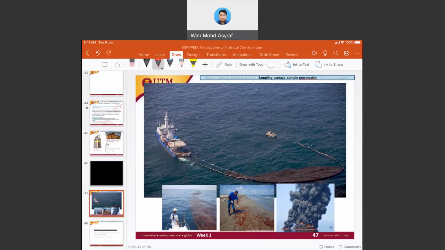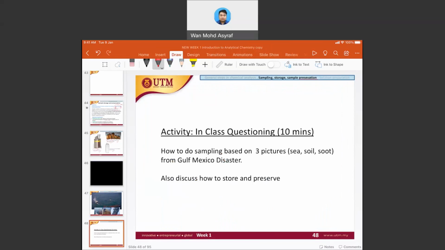The first picture, the second picture, and the third picture. How are you planning to sample these three situations? How do we sample based on the three pictures, sea, soil, and soot from the Gulf of Mexico disaster? Also discuss how to store and preserve.